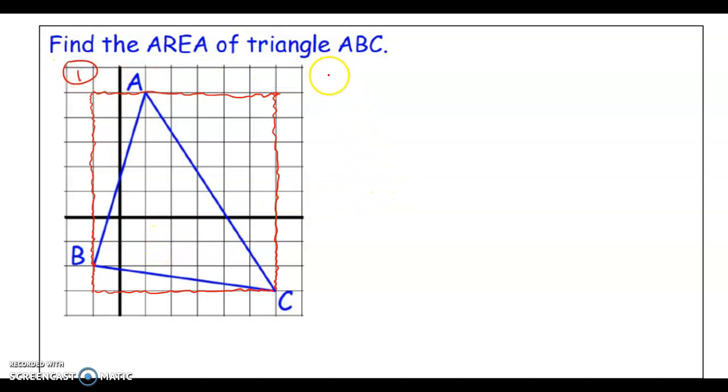So now I'm going to do step 2, which is my area of the box. When I look at this one, I count 1, 2, 3, 4, 5, 6, 7, 8. This is actually 8 units. This is 1, 2, 3, 4, 5, 6, 7 units.